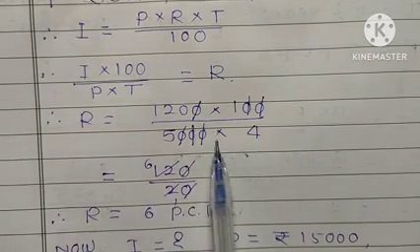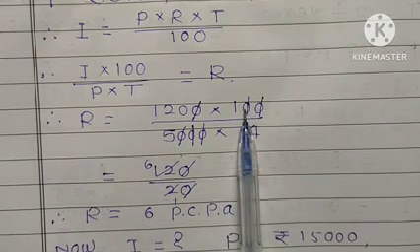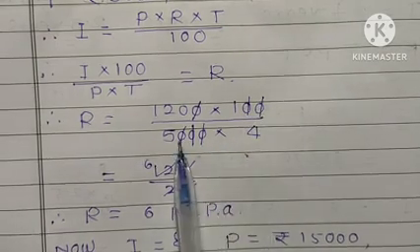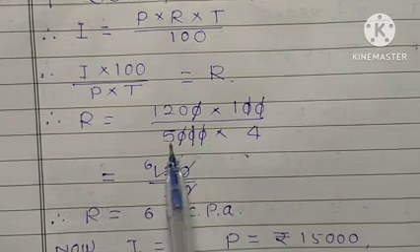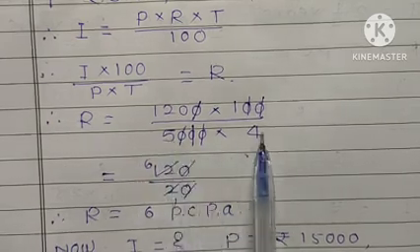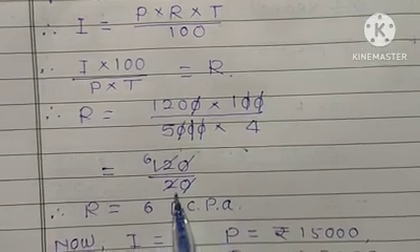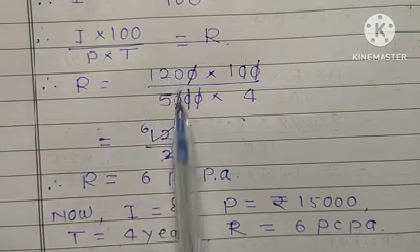So 0 will get cancelled. Now these two zeros and the remaining two zeros will get cancelled. So 5 into 4, that is in the denominator 20. And here remains only 120.